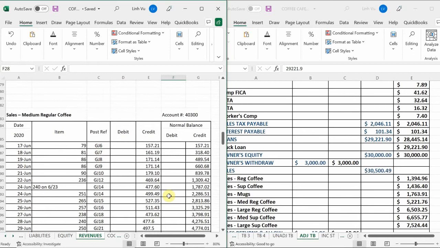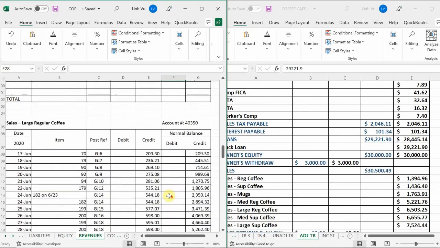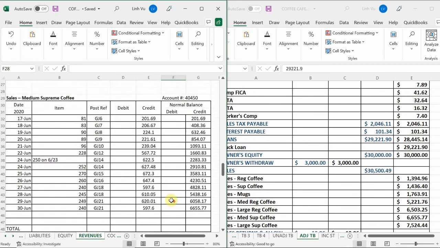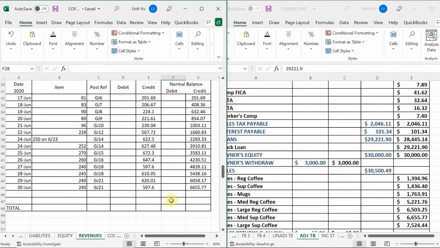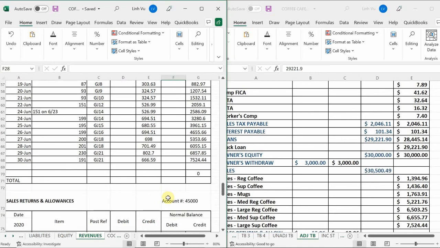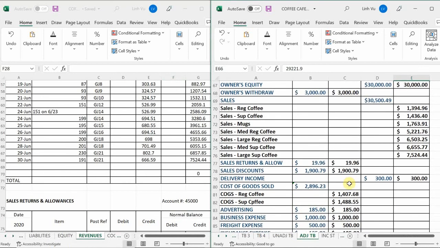My sales for medium regular is still 52. Large regular is 6503. My medium supreme is 665577. And my large supreme is 7524. So again, my sales is intact.